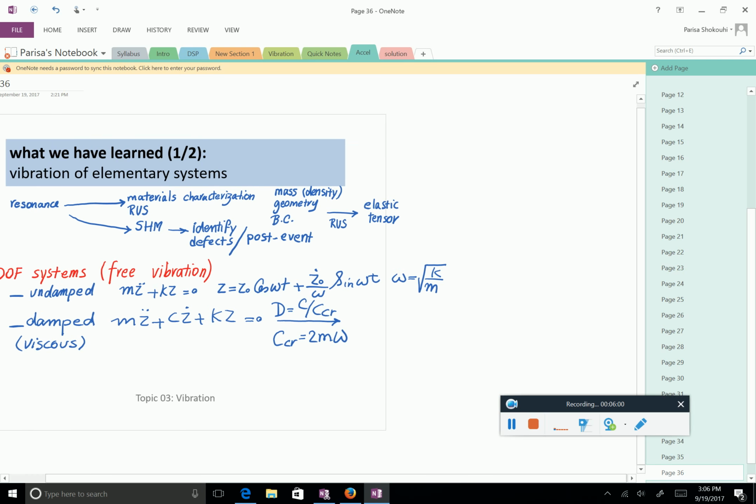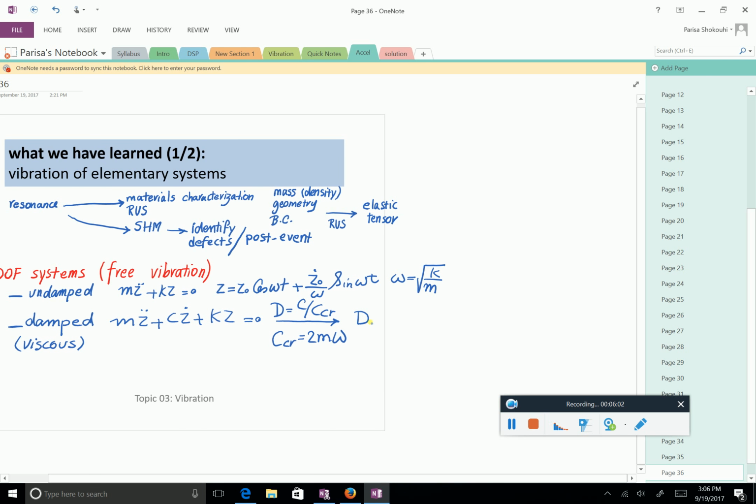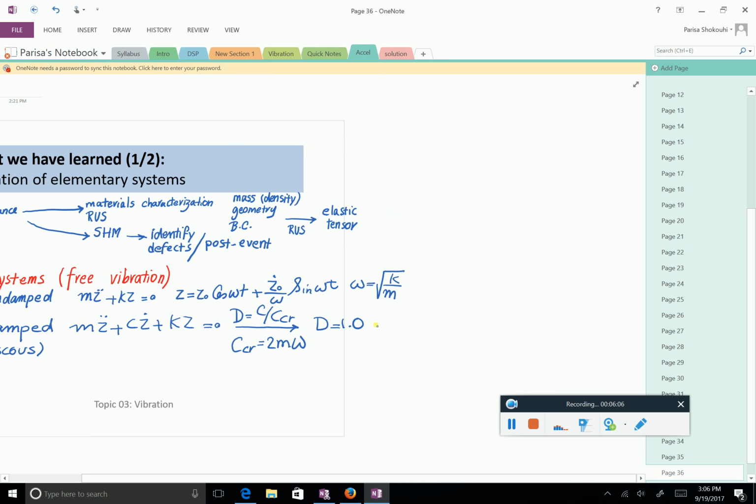We saw that if ζ is equal to 1, it's critically damped, and the response is something like this, and it's not oscillatory.